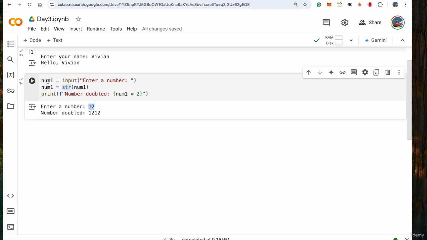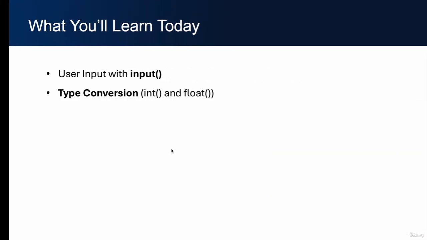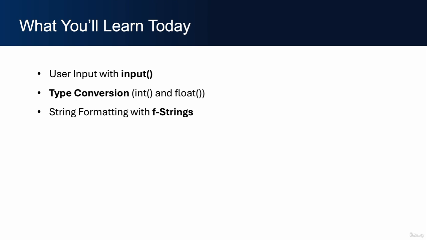It was a string already, so I didn't have to convert it. But if I had taken it as an integer and then converted it, it would do the same, because this number is now converted into a string, and when I say double it, it will double that string. That's what's happening here.